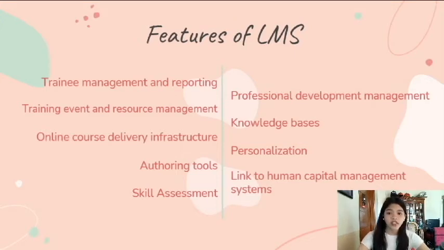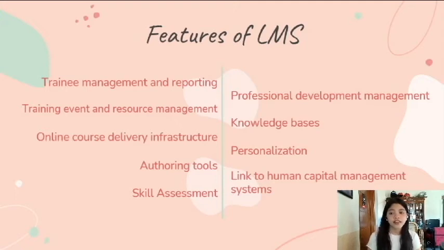This is so that we can organize, manage, and track course resources such as classrooms and instructors. Online course delivery infrastructure. This is to easily deliver online courses and register and track the trainees. Authoring tools is basically to create new courses for the trainees and or employees.